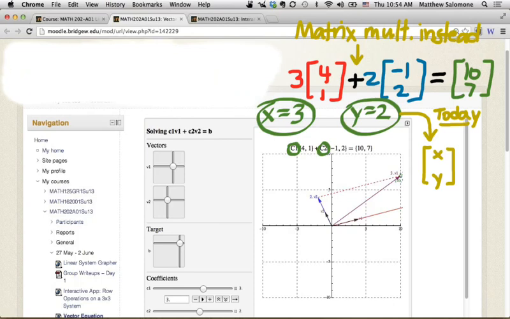That this equation, this linear combination, 3 times the vector 4, 1 plus 2 times the vector negative 1, 2, we're going to reimagine today in the following way. We're going to take these 2 vectors, negative 1, 2 and 4, 1, and make them the columns of a matrix.